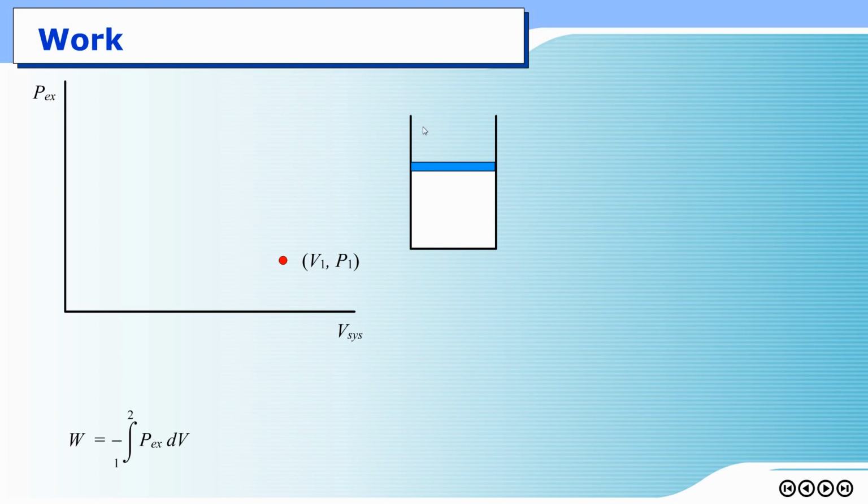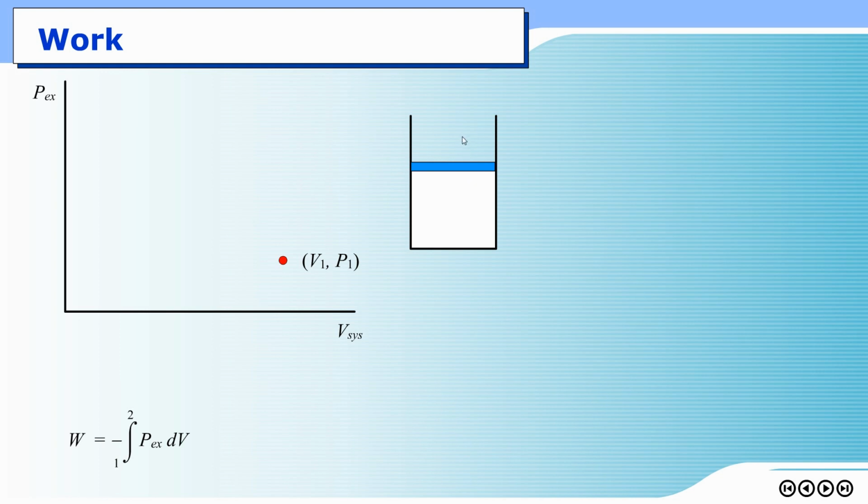Okay, now if I have the piston cylinder assembly, and inside here, let's say we have gas with the volume V1 and the pressure P1. It doesn't matter whether P1 is inside here or outside here, because right now the piston is at equilibrium.